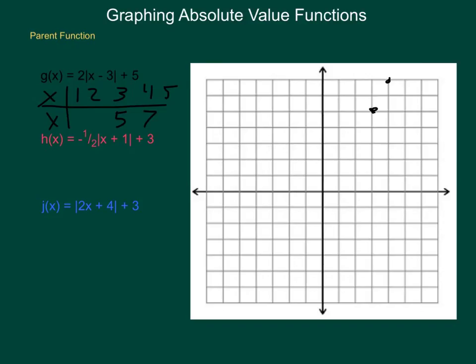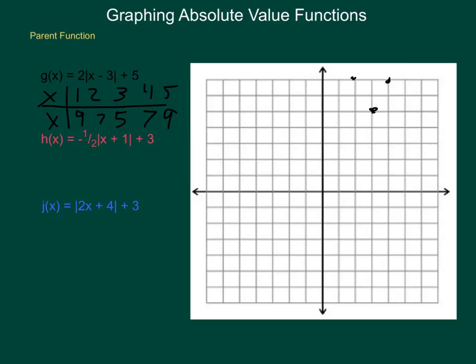I will be off the end of the graph, but just so we work through it, 5 minus 3 is 2, 2 times 2 is 4, 4 plus 5 is 9, which would put me very high up. Next, if I use 2, 2 minus 3 is negative 1, absolute value is 1, times 2 is 2, plus 5 is again 7, and then if I ran the number 1, I get 9.